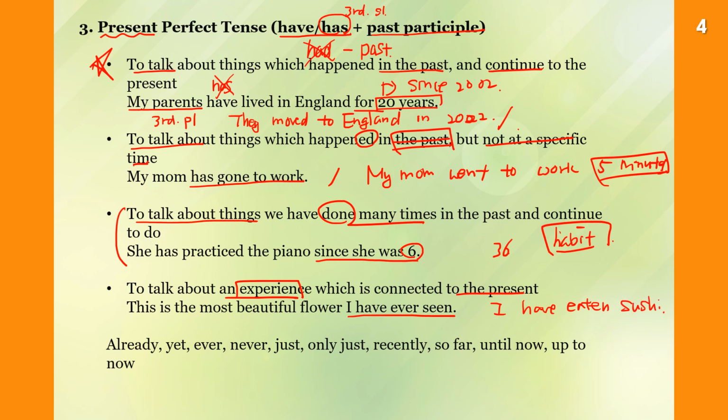You can say this because I have an experience of eating sushi. I have eaten sushi. And then already, yet, ever, never, just, only just, recently, so far, until now, up to now. These are the expressions you can use with the present perfect.